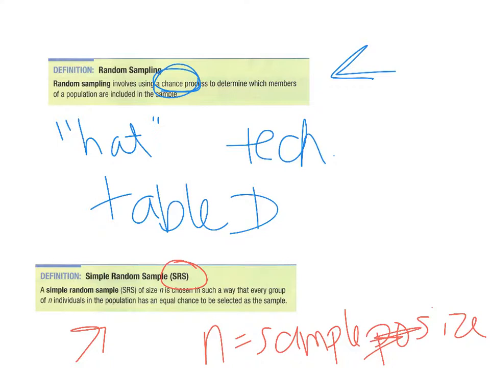So we get a sample size of n, 15 people, 100 people, whatever it is that we're looking for, in such a way that every group of individuals in the population has an equal chance to be selected as the sample. If we are doing the hat method and putting everybody's name into the hat, all the slips are the exact same size, and nobody has their name in there 3 or 4 times. Everybody has the exact same chance of being selected, and that becomes what we call a simple random sample.